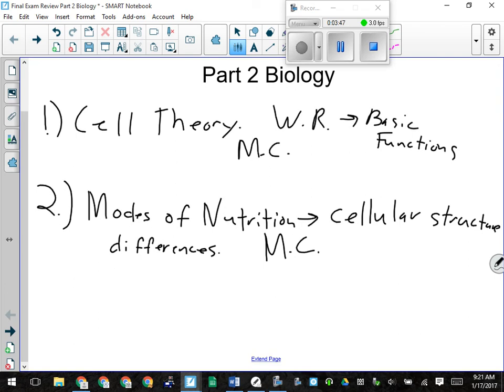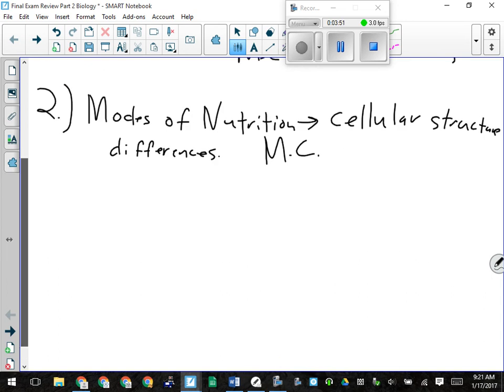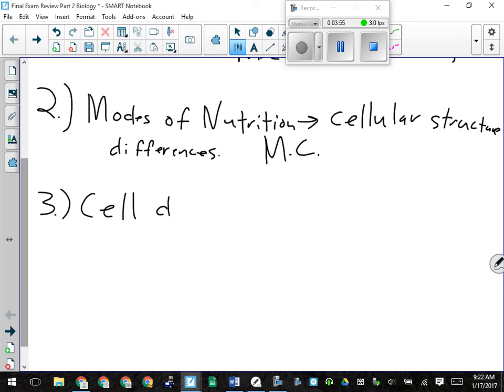All right, that same day that we talked about the different modes of nutrition, we did the cell diagrams. Label and give the function of all cellular structures. You were asked to do that on the written part of your unit exam.